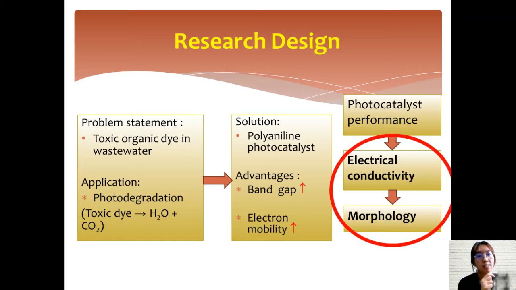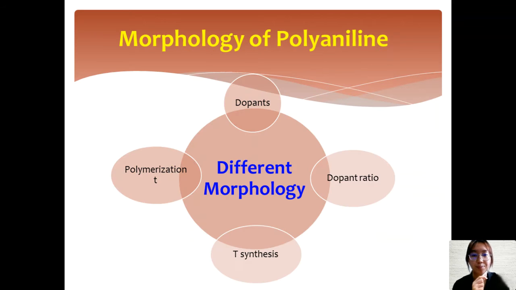So the research design here is to synthesize a polyaniline photocatalyst with different morphology and to investigate the effects of morphology on electrical conductivity. Various morphologies of polyaniline can be formed by varying the synthesis parameters, such as the use of dopants, the molar ratios of dopants, and the polymerization time and temperature also play a role in modifying the morphology as well.